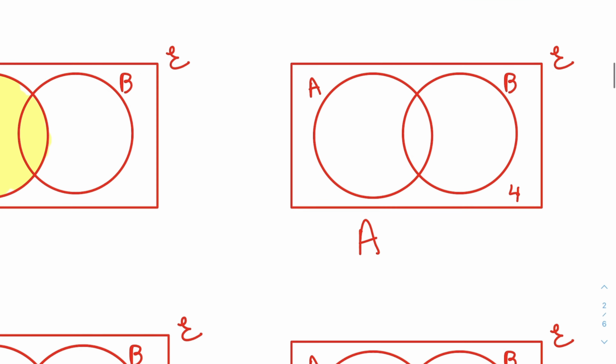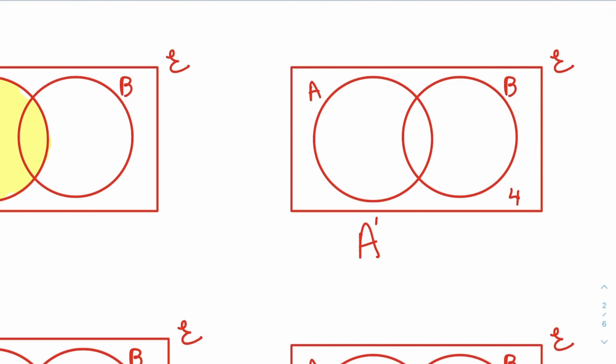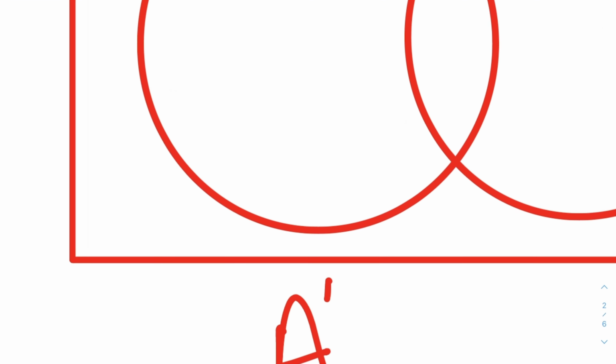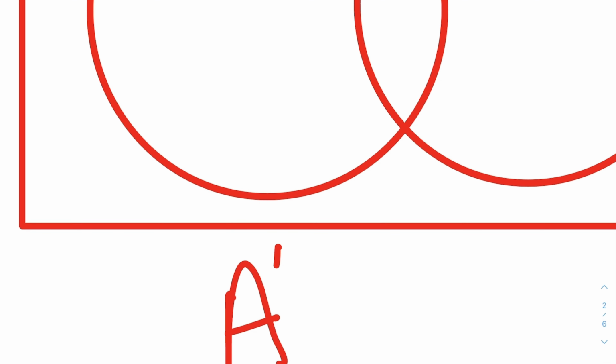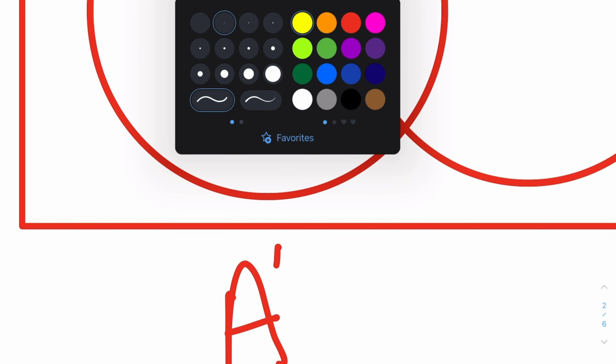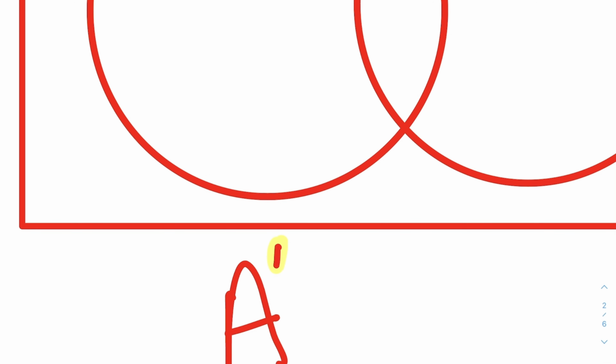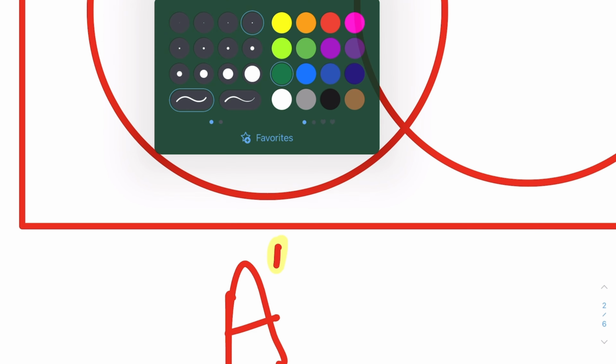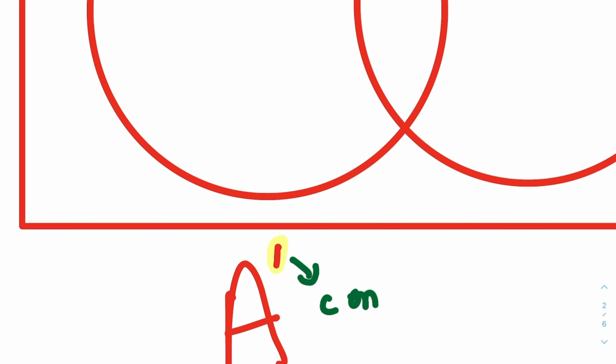Now, moving on to the next example, sorry, there should be an apostrophe. This apostrophe, if you've noticed, actually means complement.